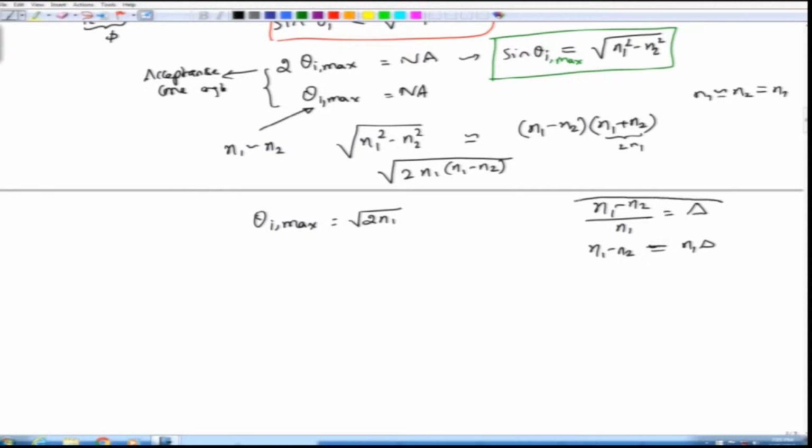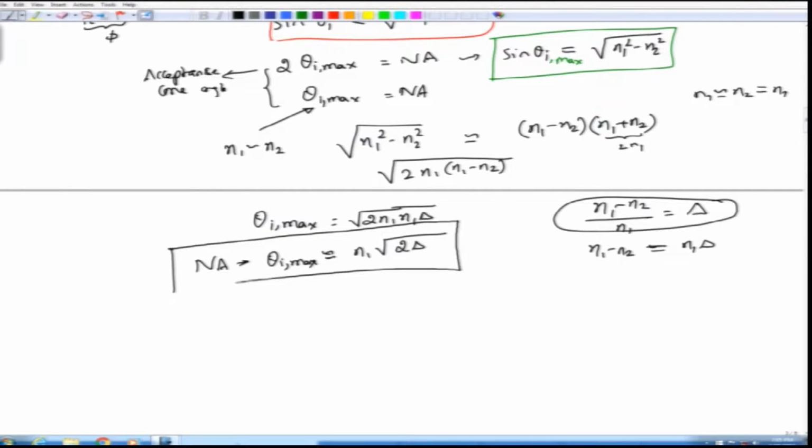This delta is the index difference. So, this becomes 2n1 times n1 delta, n1 into n1 is n1 square, therefore n1 can come out of the root and what you get is n1 into square root of 2 delta. So, this is approximately the numerical aperture of the fiber. The numerical aperture of the fiber is roughly n1 into square root of 2 delta.